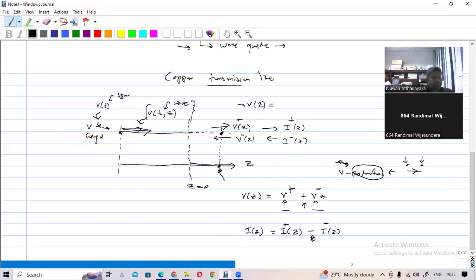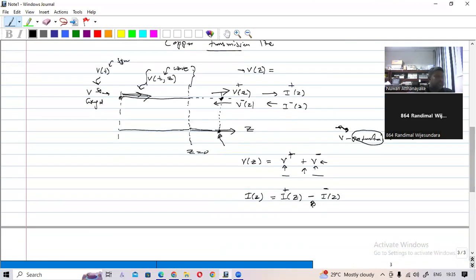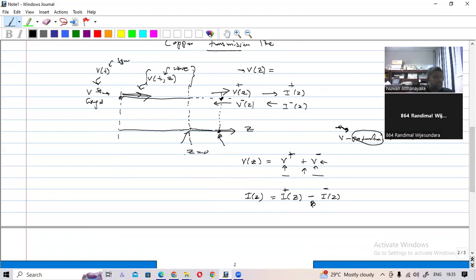So if you consider this point, this is Z equal to 0, okay? Let's say the forward voltage at Z equal to 0 is denoted as V naught plus.